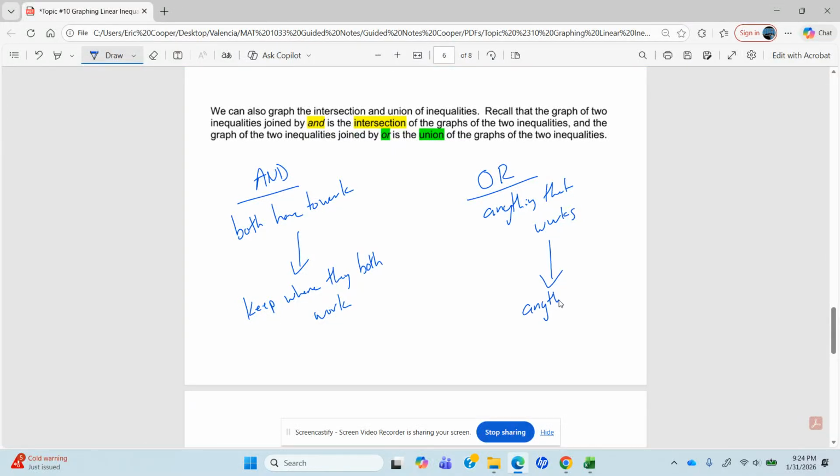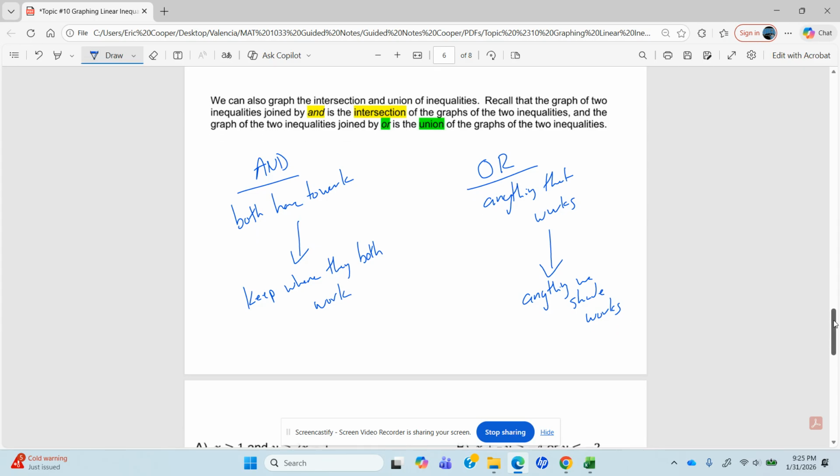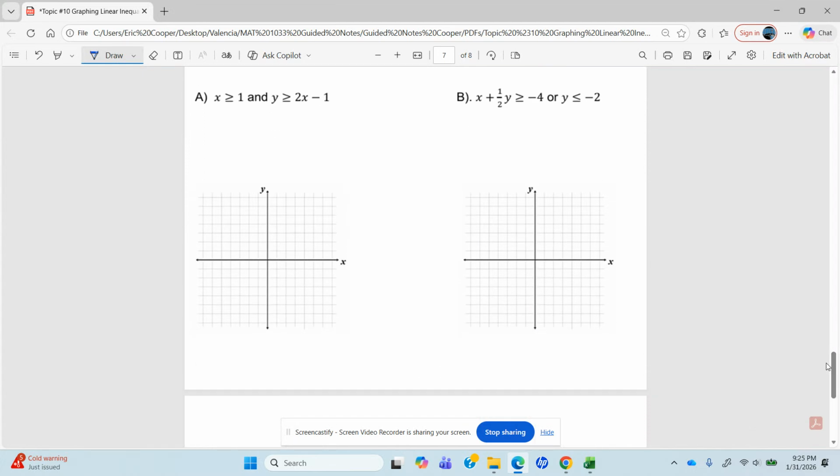So anything we shade works. So not much we have to do on or, we just have to make sure any part that works we shade. But for and, we have to look and see where do they both work. And that's the only part we want to keep when we shade this. Other than that, we're going to graph basically two lines on the same coordinate plane as we do this.